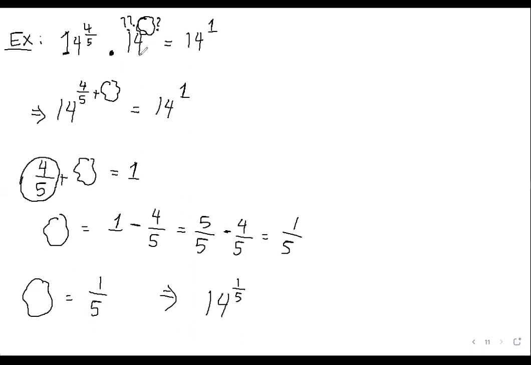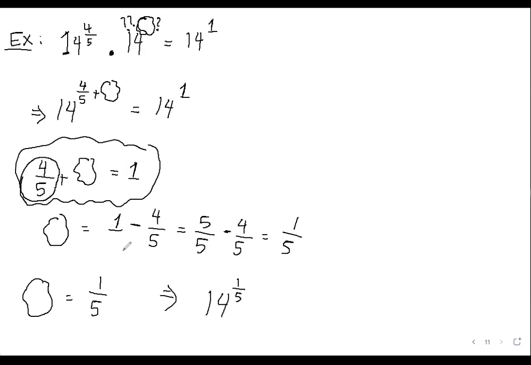Makes sense how I think about this question? Again, I have the same base, 14, 14, 14, so I try to do summation for 4 over 5 plus this guy equal 14 to the power 1. Because I have the same base, 4 over 5 plus this thing equal 1. Now I subtract 4 over 5 from both sides because I want to know the value for this guy, taking 1 minus 4 over 5.